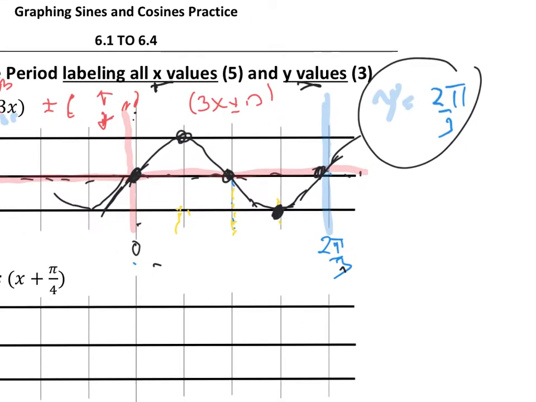So here goes. I'm going to do my scratch work over here. To get this middle term right here, I take this endpoint and this endpoint, add them up, 0 plus 2 pi over 3. Take that number and divide it by 2. That's how you do the average between two numbers. So that's 2 pi over 3 divided by 2.